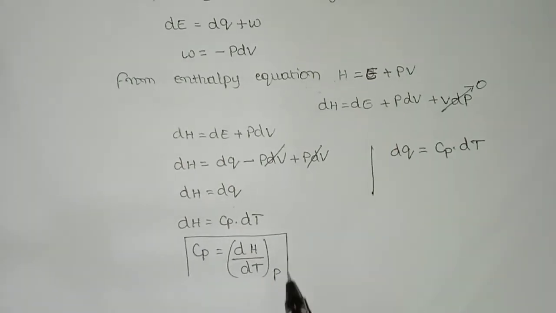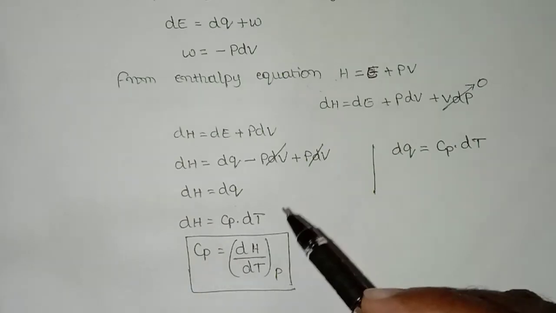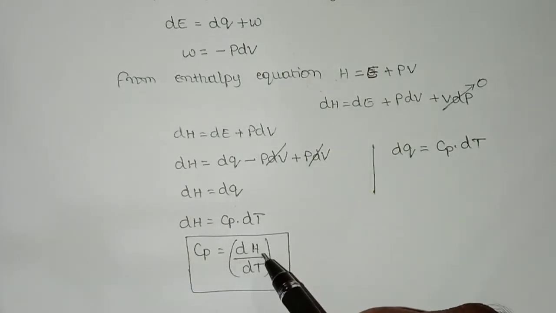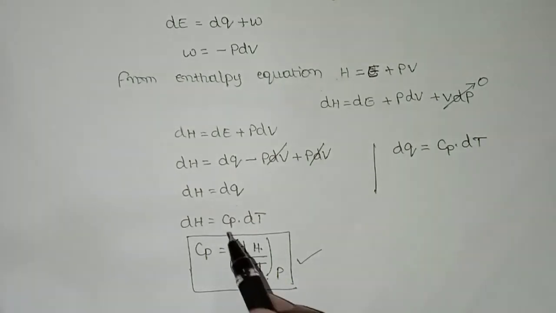This is the simplest mathematical expression that we can give for molar heat capacity at constant pressure, which can be defined as the small change in enthalpy of a system with respect to a small rise in temperature, that is dT, by maintaining constant pressure.